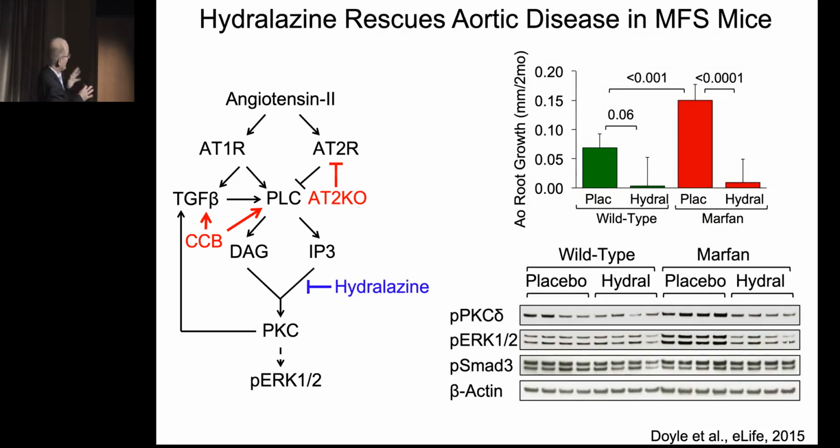Also, based upon this scheme, we reasoned that the drug hydralazine that works at least in part by reducing IP3-mediated calcium release, and on that basis PKC activation, should also be protective. This indeed turned out to be true, and indeed had the signaling consequences that we predicted with a decrease in PKC and ERK activation.